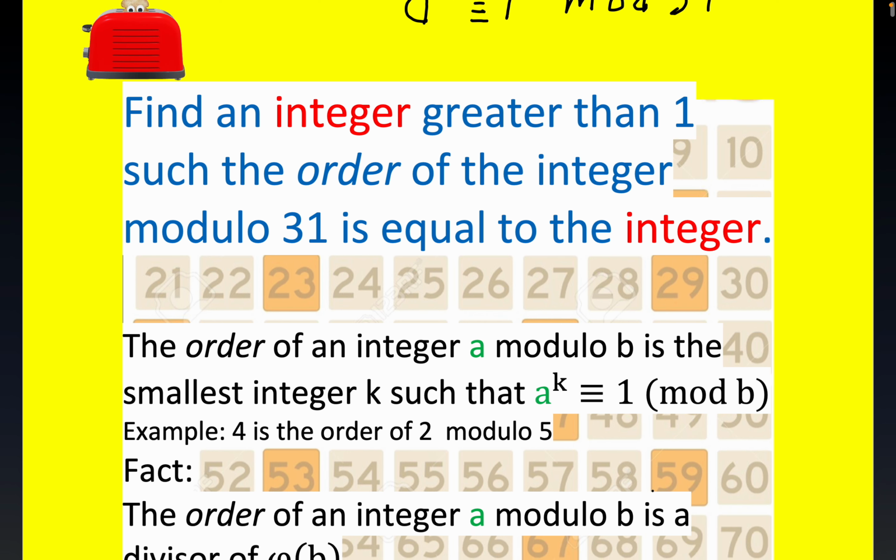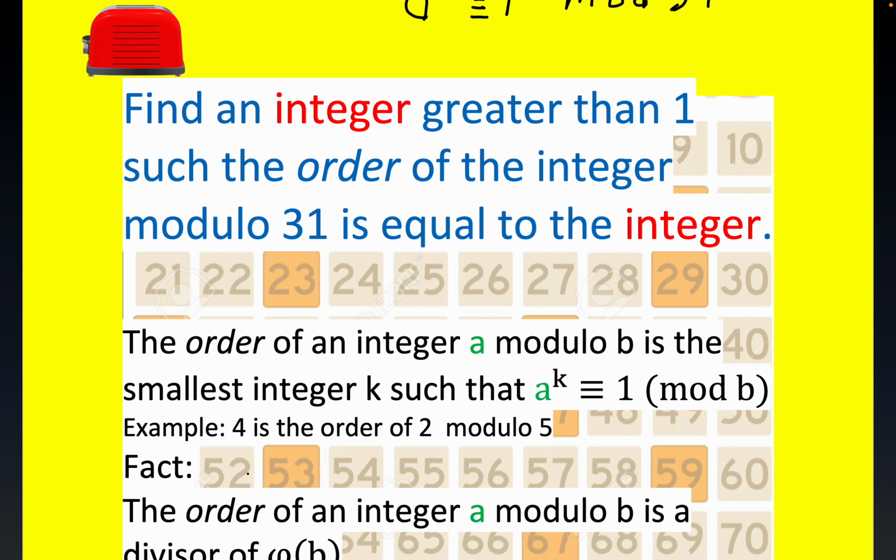A simple example of this would be 4 is the order of 2 modulo 5, because 2 to the 4th leaves a remainder of 1 when you divide it by 5. 2 to the 4th is 16. 16 divided by 5 is 3 times 5 plus 1, so it leaves a remainder of 1. And again, this is mod 5.